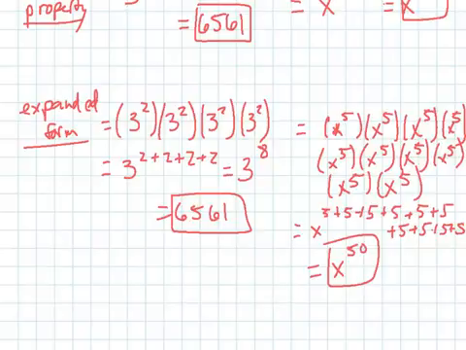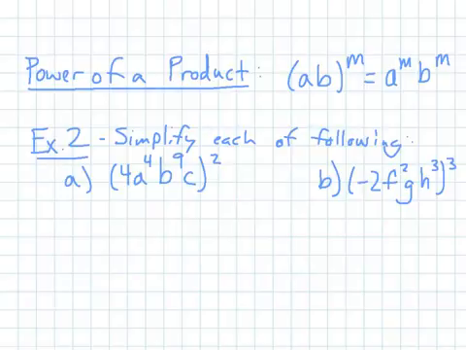Okay? So, next example. Now we're using the power of a product property, where I notice there are two things inside the parentheses, and this can be more. This is just an example, so they're doing the minimum of 2, but this applies if you have 3 inside the parentheses, or 10 things, or 1,000,000 things inside the parentheses.